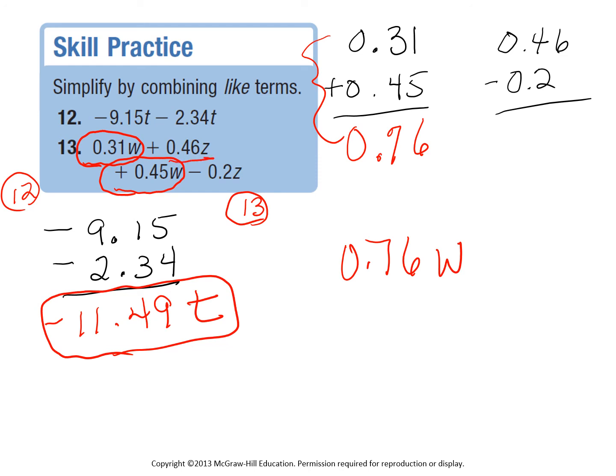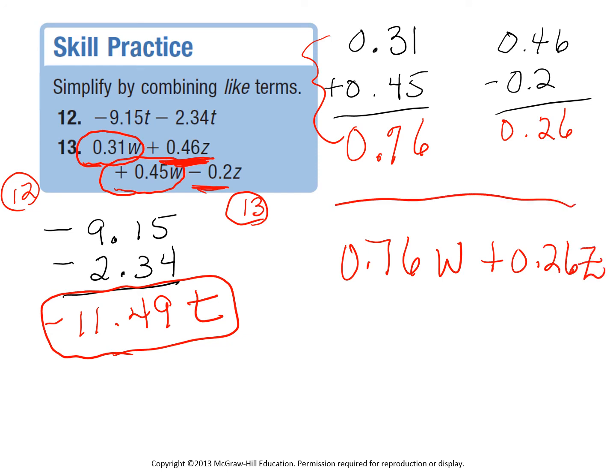And now the z's, I have 0.46z minus 0.2z. So when I subtract, I get positive 0.26z. Okay, so my simplified expression will have two terms for number 13, 0.76w plus 0.26z.